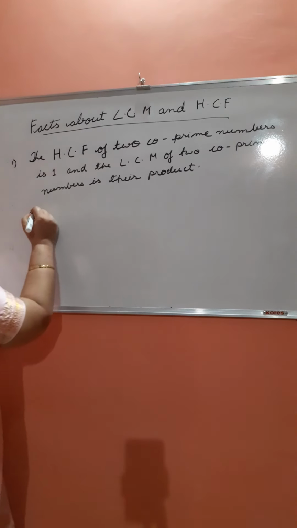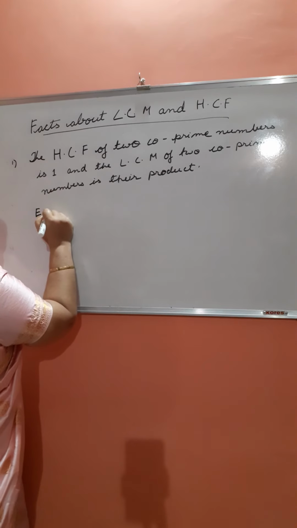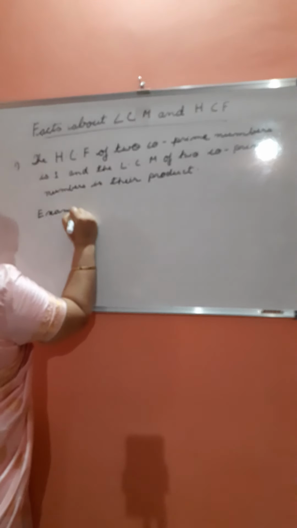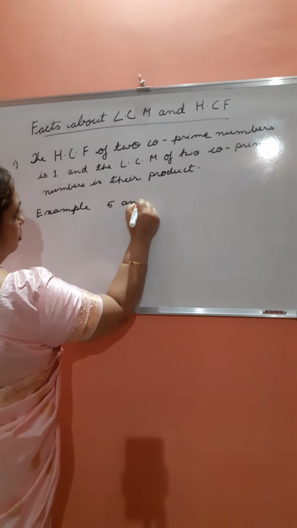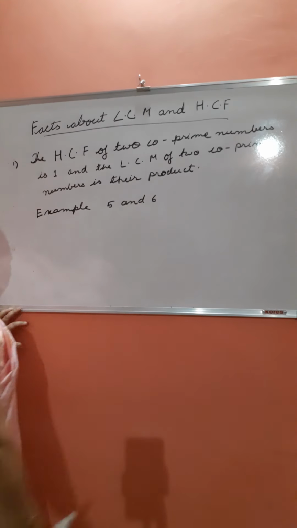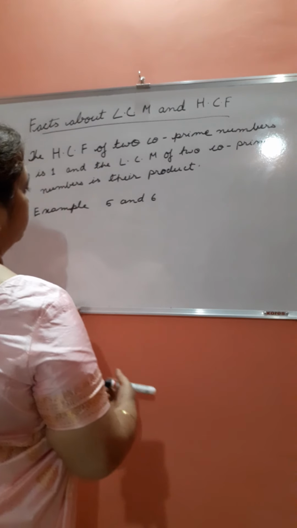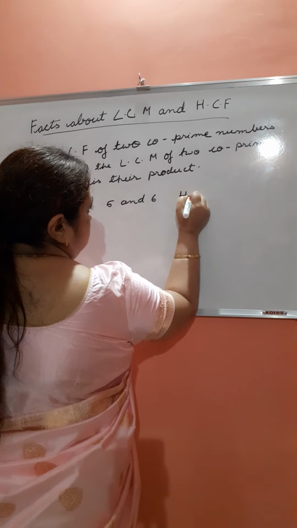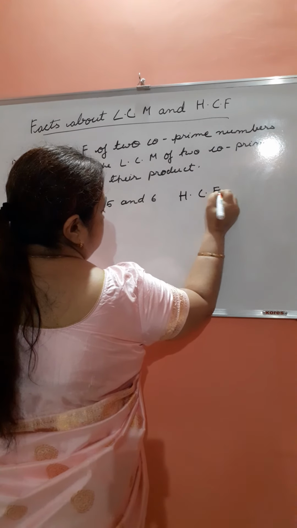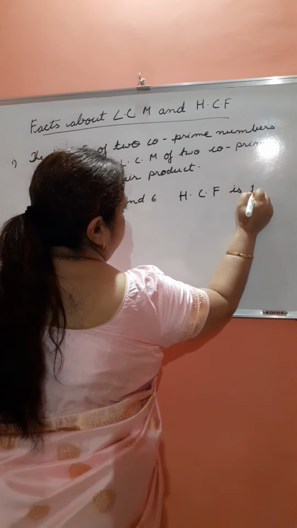So let us take an example. 5 and 6. Both are coprime numbers. You find out HCF. HCF will be 1 of both 5 and 6. Okay.